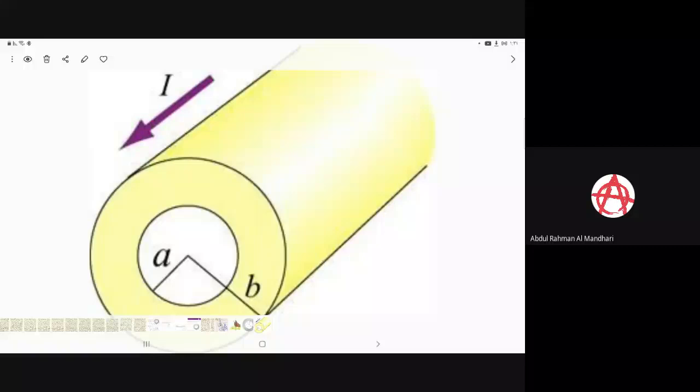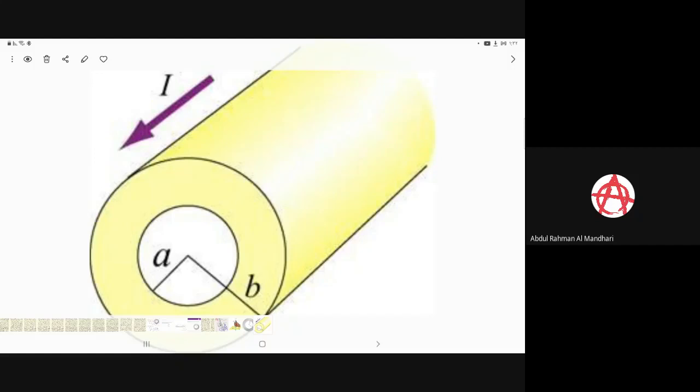It is made of 2 things. First is the surrounding cylindrical conductor like this one, and there is another one inside: an outer layer, like the yellow shape you see in front of you, and an inner wire inside.